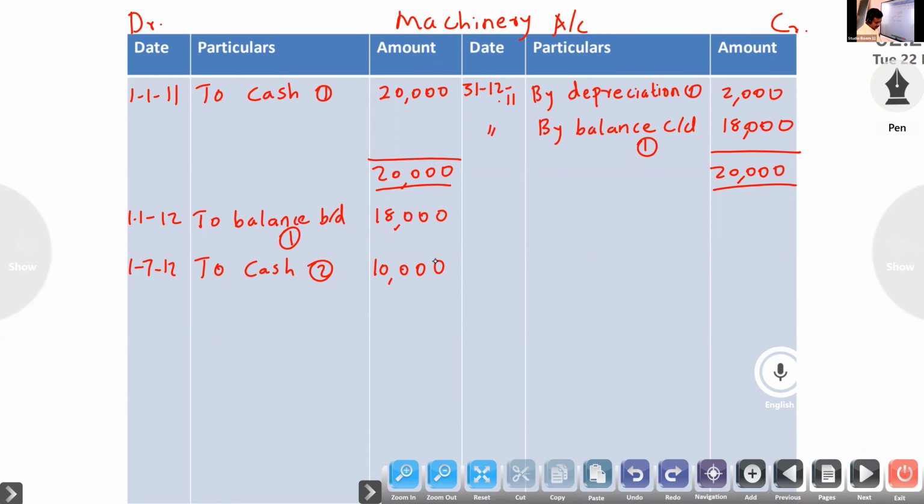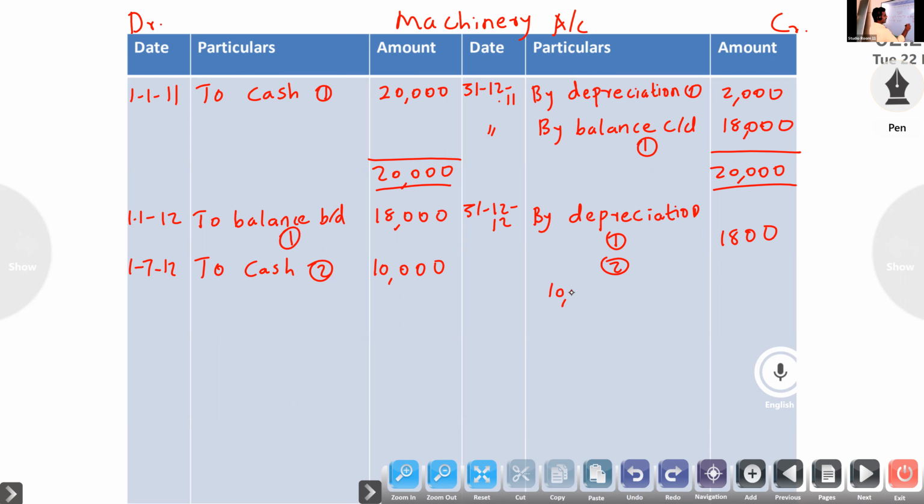No other transaction until next year. So 31st December 2012, by depreciation 1,800 to date.